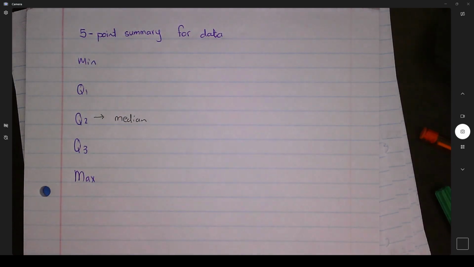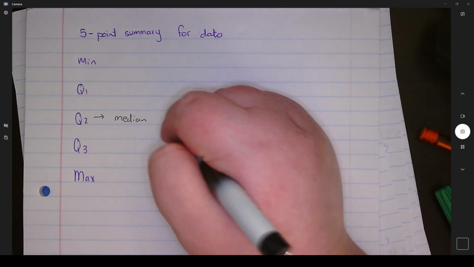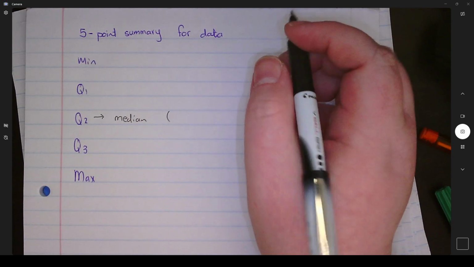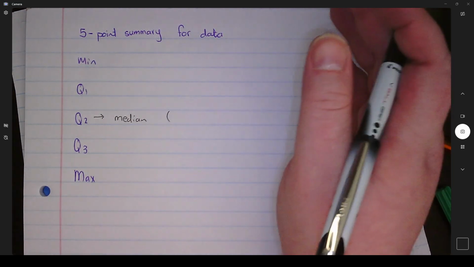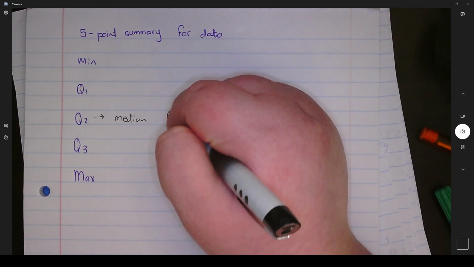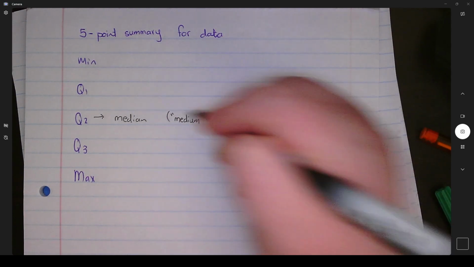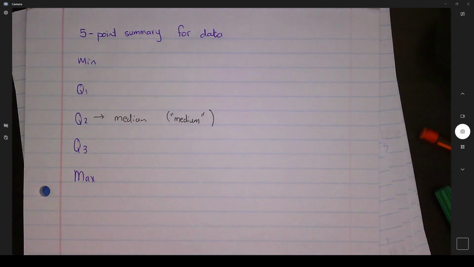In other words, the middle data value once your data has been arranged in ascending or descending order. I always think of the word medium. When I hear median, it is the middlemost value.